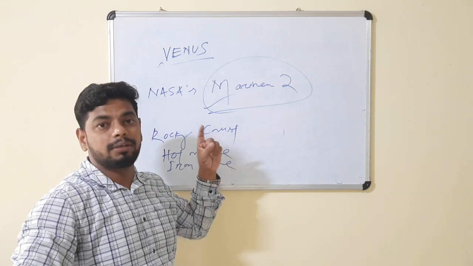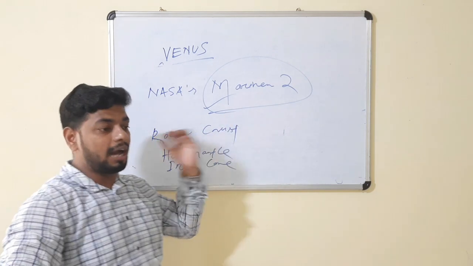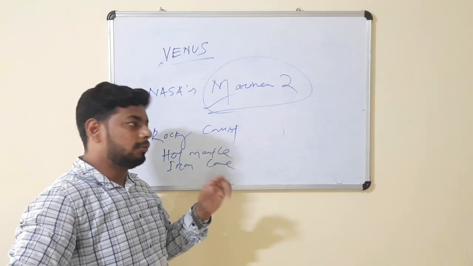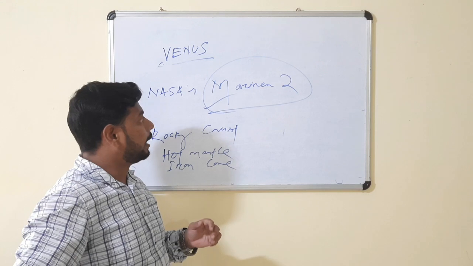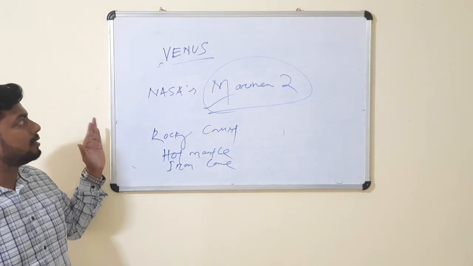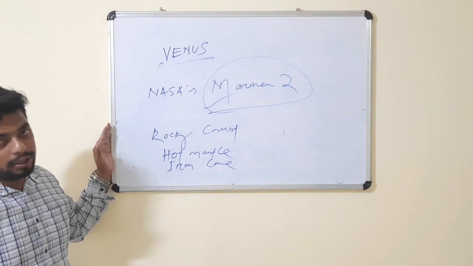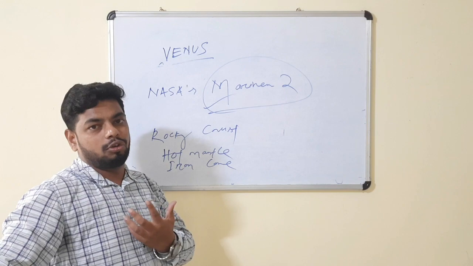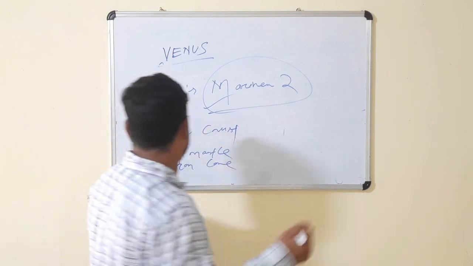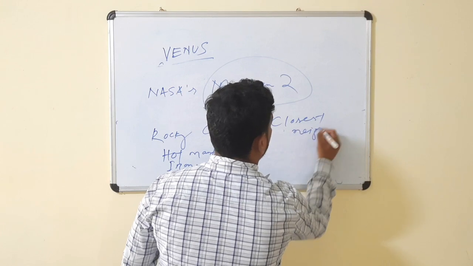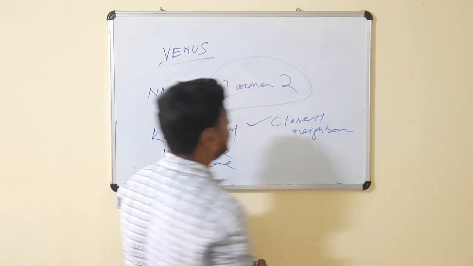Venus is also called the morning star and evening star because it is the third brightest object in the sky after the Sun and Moon. It is quite similar in size and density to the Earth, which is why it is called Earth's twin, and it is our closest neighbour.